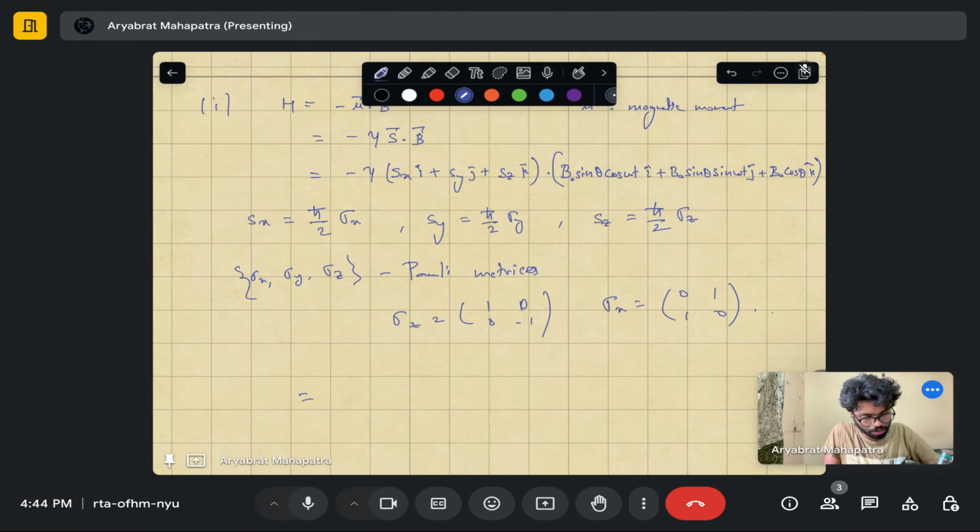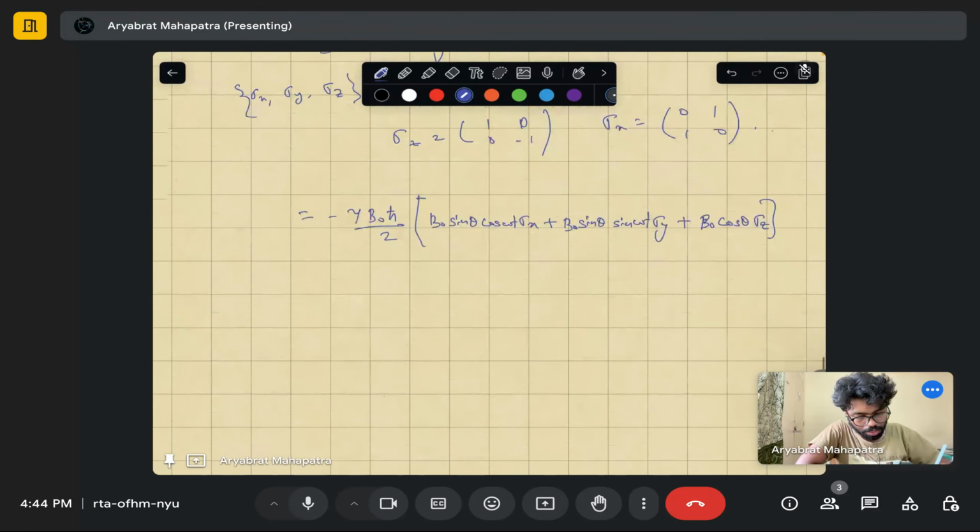you will have minus gamma B naught, that is the common factor among all. Also you have h bar over 2, so then you will have B naught sin theta cos omega t sigma x plus B naught sin theta sin omega t sigma y, then B naught cos theta sigma z.